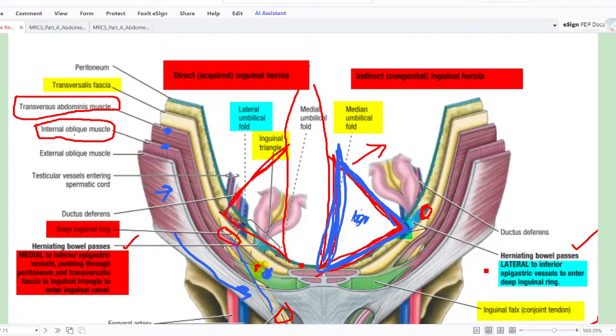Actually, see, when internal oblique and transversus abdominis reach medially, they fuse together, and they make an important structure in the inguinal canal. Do you remember which structure they form together? Internal oblique muscle and transversus abdominis muscle. Very good. Roof of the inguinal canal.